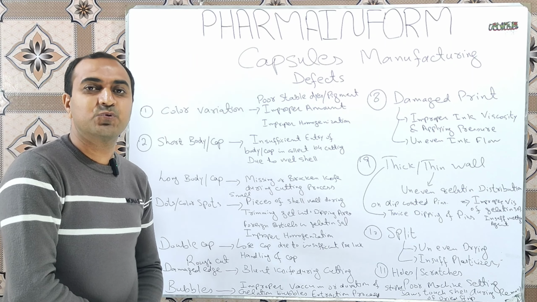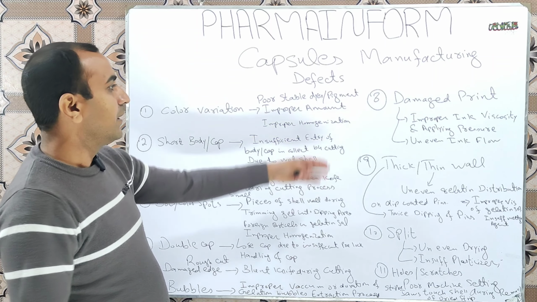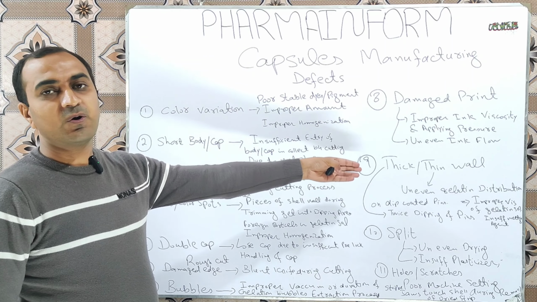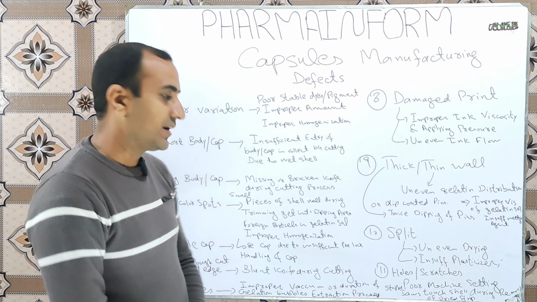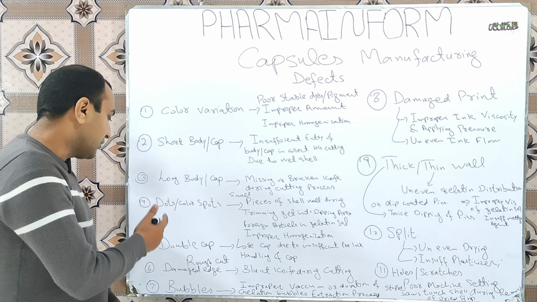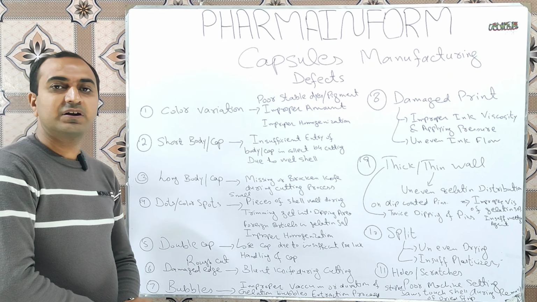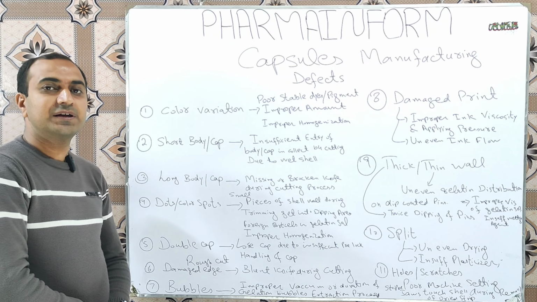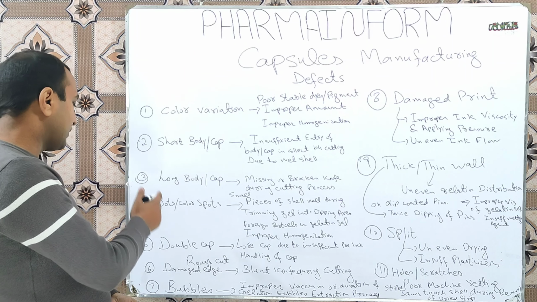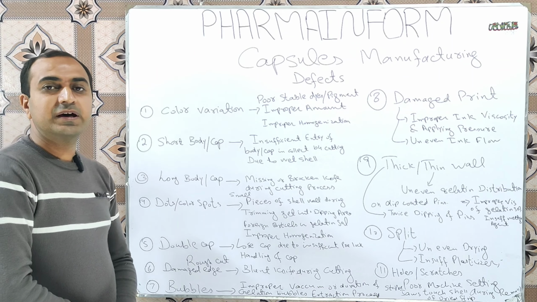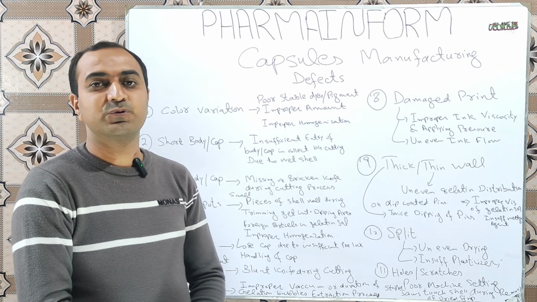There may be the capsules which contain holes, or there may be the thick wall or thin walled shells. There may be the split of the shells, and you may have also observed damaged or rough cut empty hard gelatin capsule shells, and you have also observed the bubbles on the empty hard gelatin capsule shells.